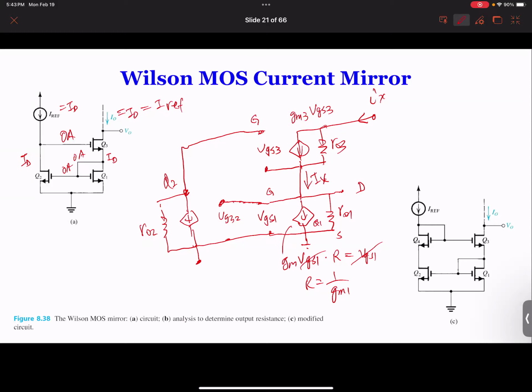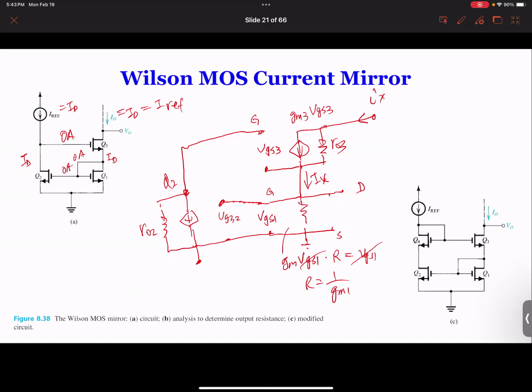If you get Ix, because there's no current here, the current will flow from both and get here, becomes Ix. And this becomes two resistors in parallel. So I'm going to erase that one because you have it on the next page anyway. So I'm going to erase this to make it a resistor.